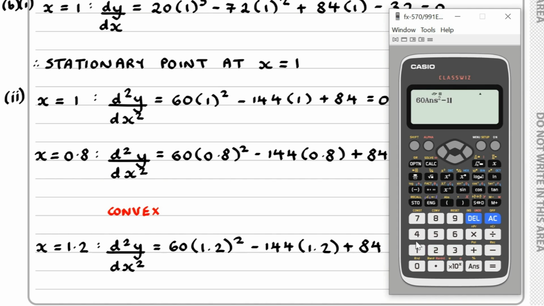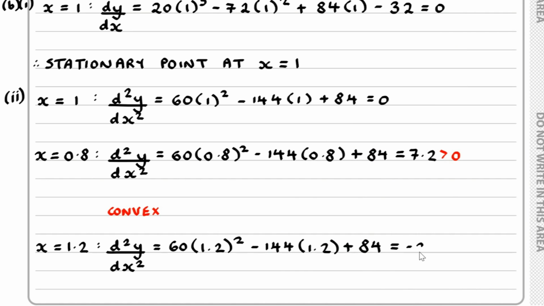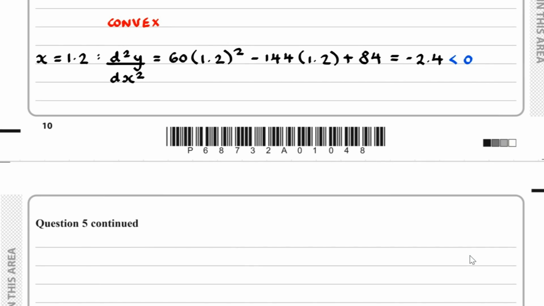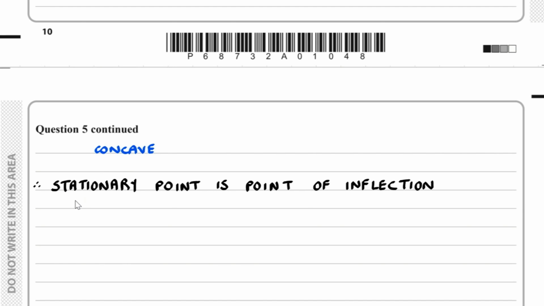If we work out what this is, we get minus 2.4. The value here is less than 0. We have a situation where we have the curve being concave. We are going from convex to concave. The stationary point is a point of inflection.